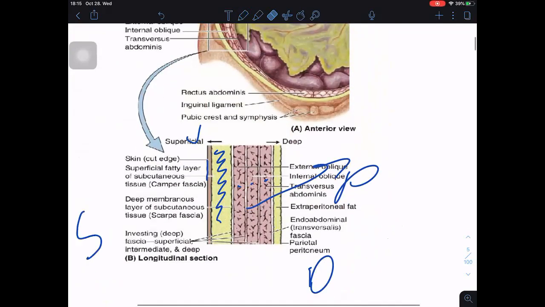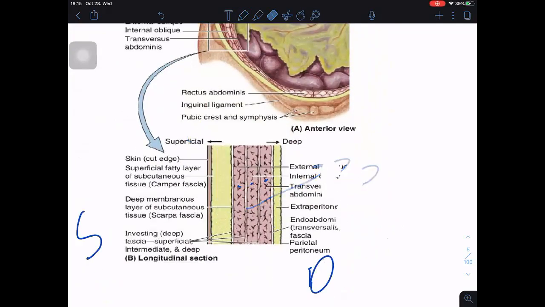So now, as I said, below the umbilicus, deep to the skin, you have the fatty layer. You have a certain amount of fat, which is variable in different people, depending on whether someone is more skinny or has a greater amount of fat.